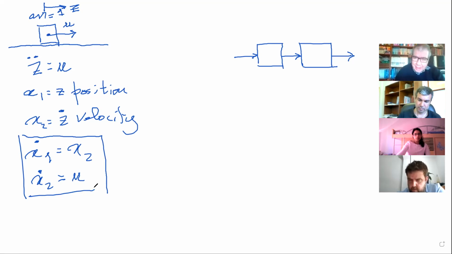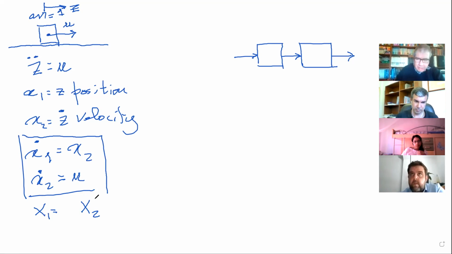Now let's use the S stuff. If you use S, S means the derivative. So x1 dot means s x1.